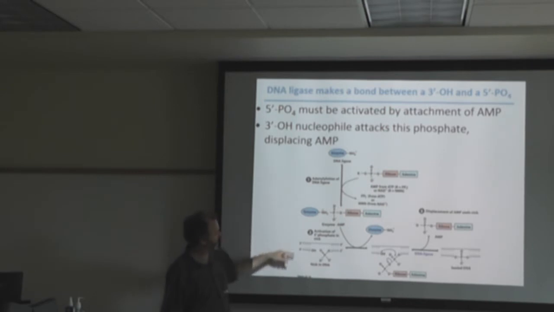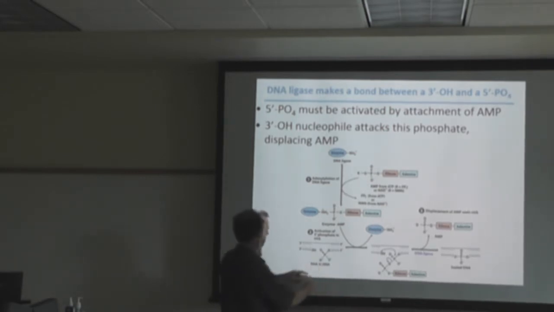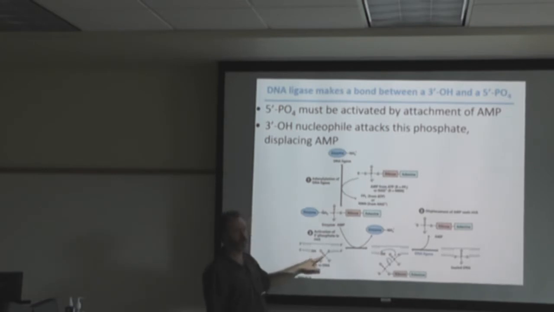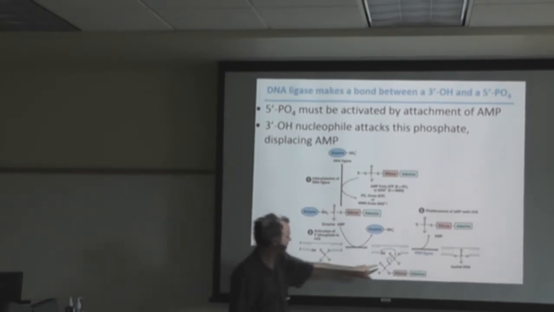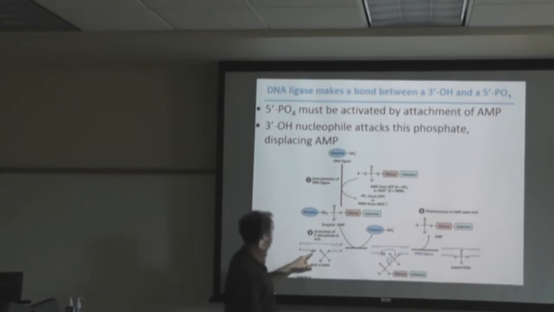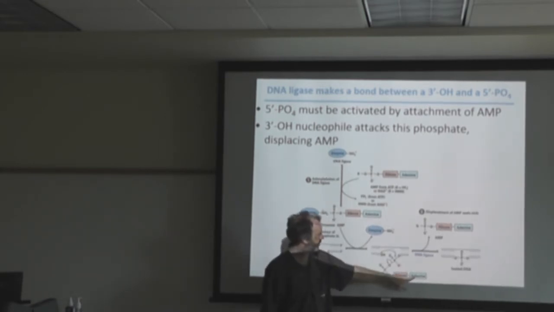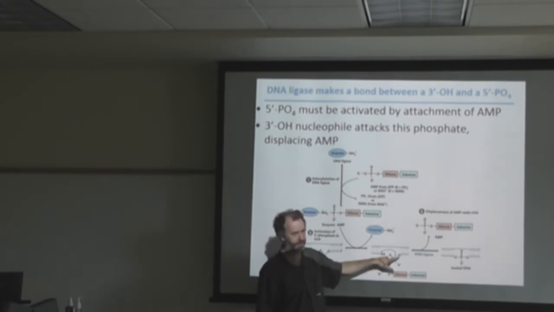That can then adenylate the phosphate that's left over on the right here on the 5' end. Here you have your 3' hydroxy group, and the 5' phosphate is activated because you have an AMP now attached.